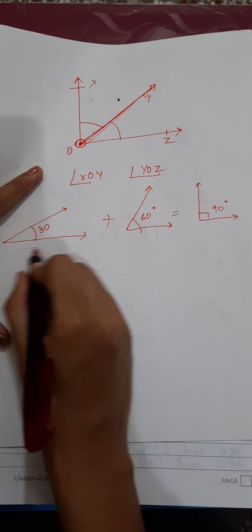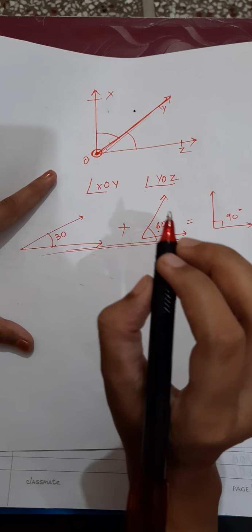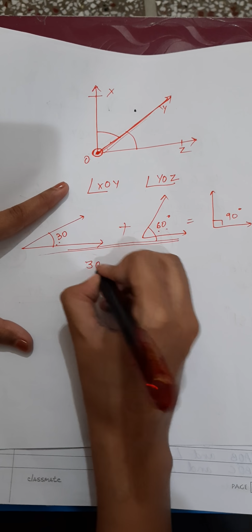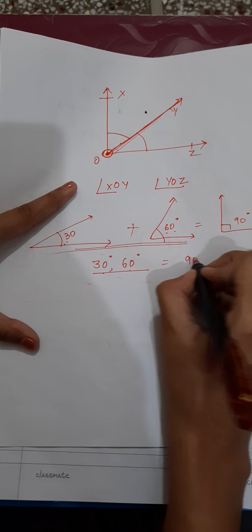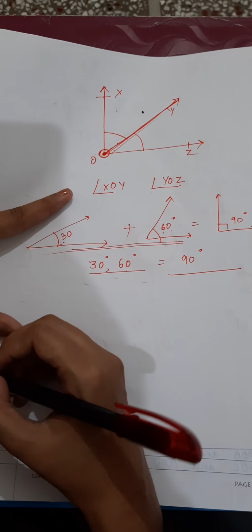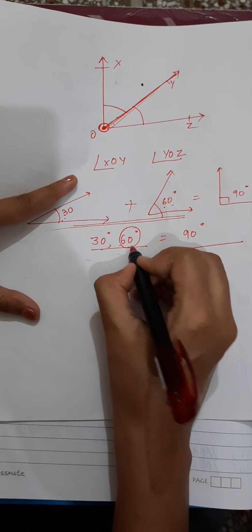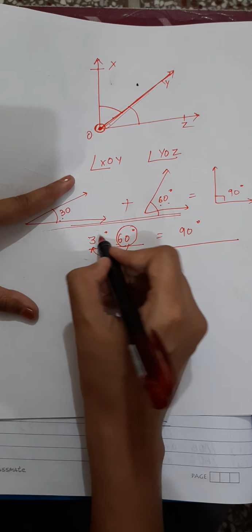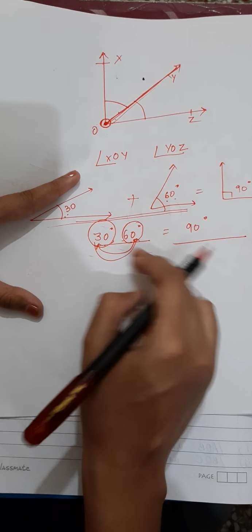Then we can say that they are complementary to each other. 30 and 60 are complementary to each other because their sum is giving me 90. Now if I have to find the complement of 60, it is going to be 30. What is the complement of 30? It is going to be 60. So they both are complements.